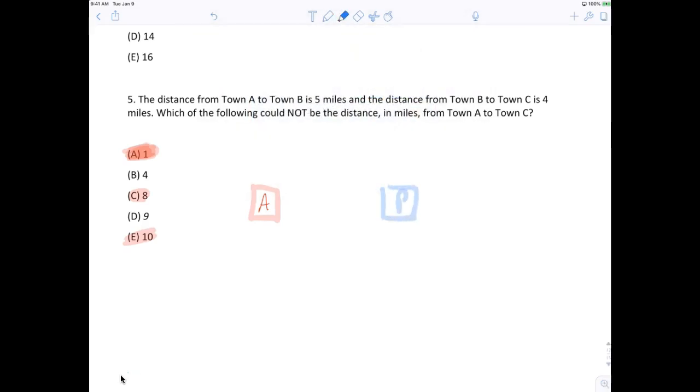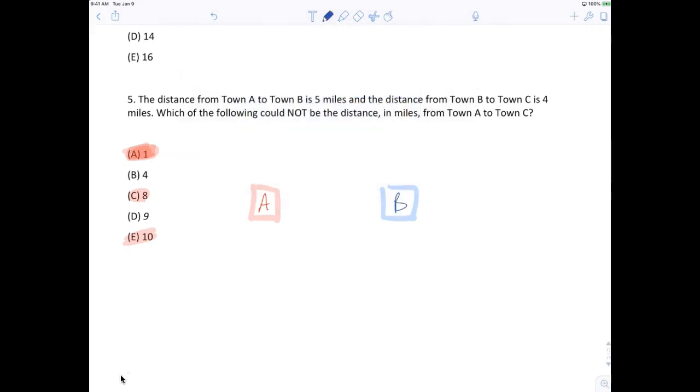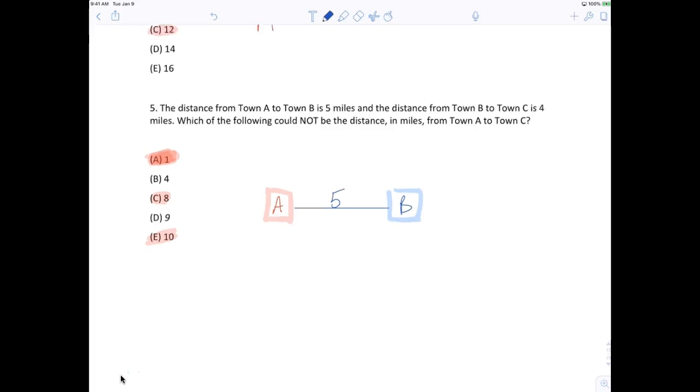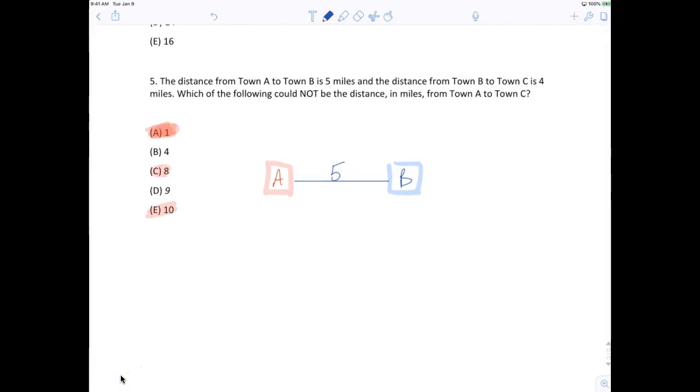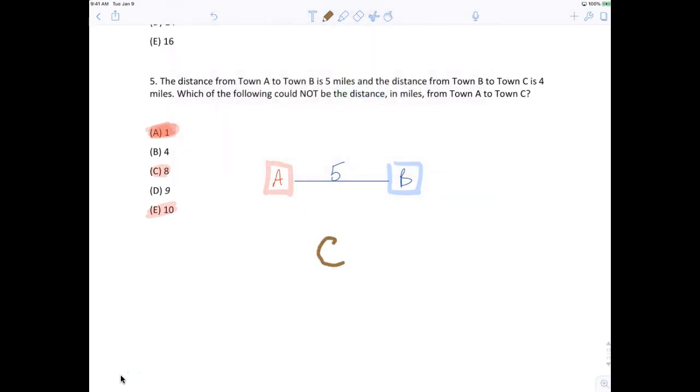So here's town B. I'm going to draw from here to here, and I'm going to put a 5 there. Did I do that? Now, from B to C is how much? 4 miles. Thank you. From B to C is 4. Now, what I'm going to do now is the important part, so I want your attention. So here is C.